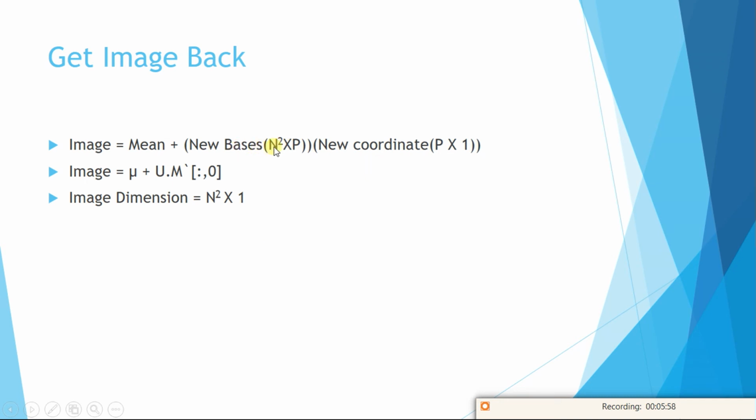If you multiply n square cross p into p cross 1, it will be n square cross 1. So that will be the original image: image equals mu plus u times the new coordinates, the whole column of the first image. The image dimension will be n square cross 1. So we get our image back, and we have reduced the dimensions very much from the original dimensions.